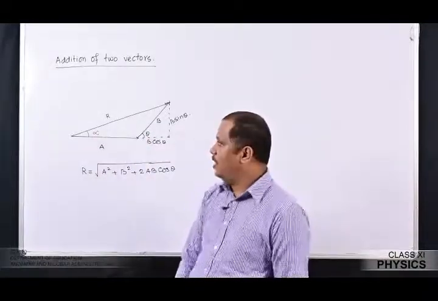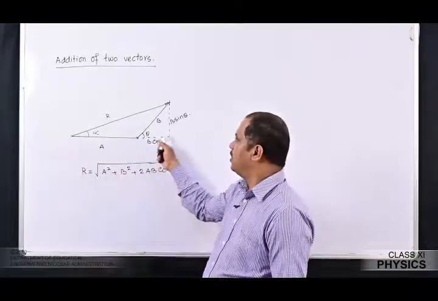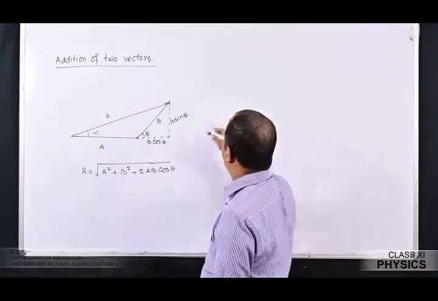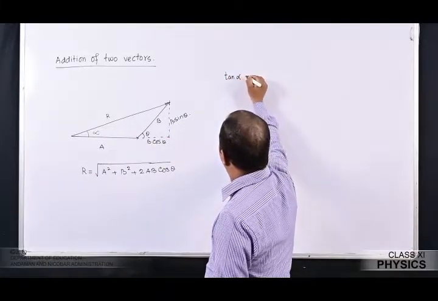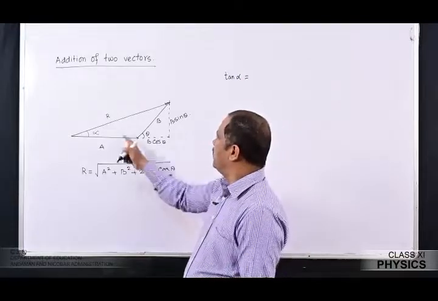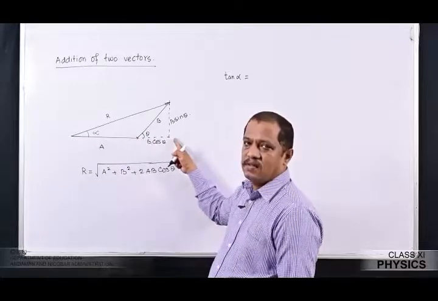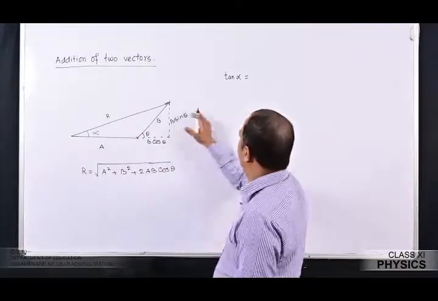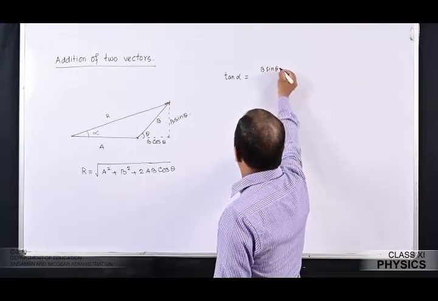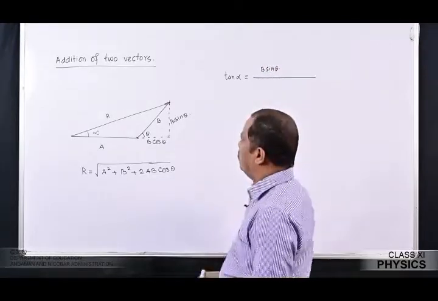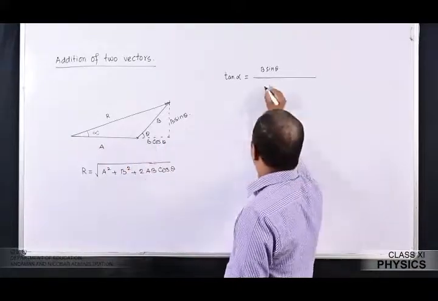Now how can this alpha be calculated? On inspection you see this is a right angle triangle. If I write tan alpha, then we know that in a right angle triangle, tan alpha is equal to the opposite side by the base. The opposite side is b sine theta over the base. The length of this complete side is a plus b cos theta.